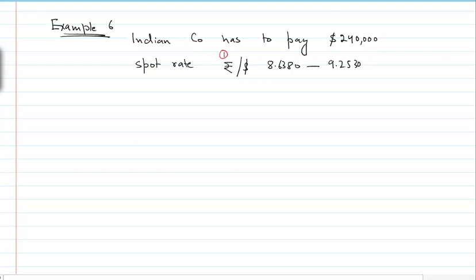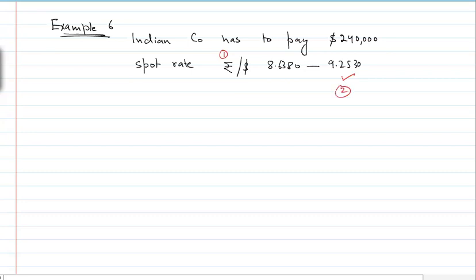Think about it. Now, if you want to pay $240,000, of course, before that, we are going to buy $240,000. In order to buy $240,000, we are going to sell the quote currency rupees. We'll sell the rupees in order to buy $240,000. And if you're selling the quote currency, we are going to use the bigger rate.